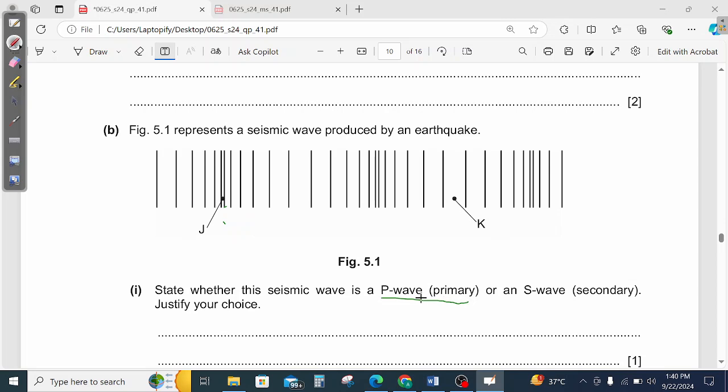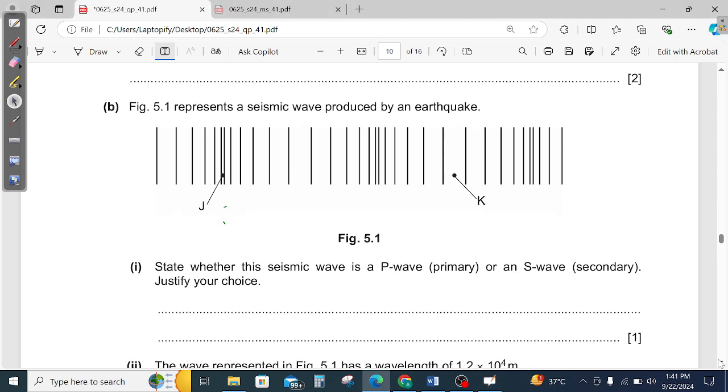They are generated first during an earthquake, and secondary waves are produced after the primary wave. Primary waves are a little bit faster than the secondary ones, so secondary waves are slower. These are longitudinal in nature and these are transverse in nature. So you have to write it in a very smart way.